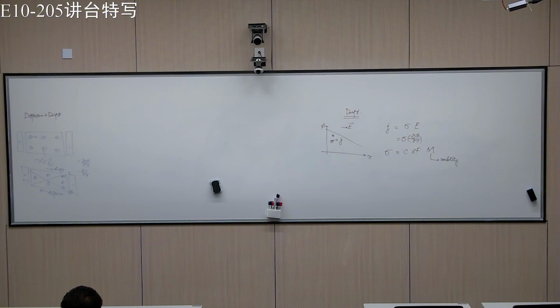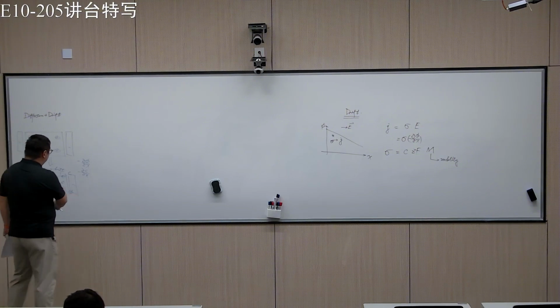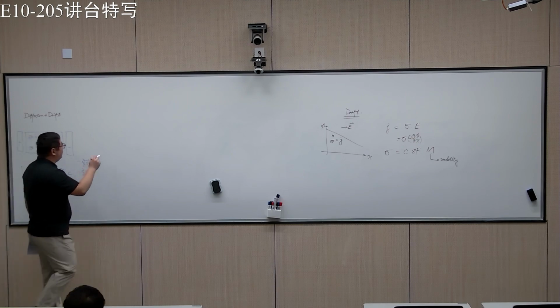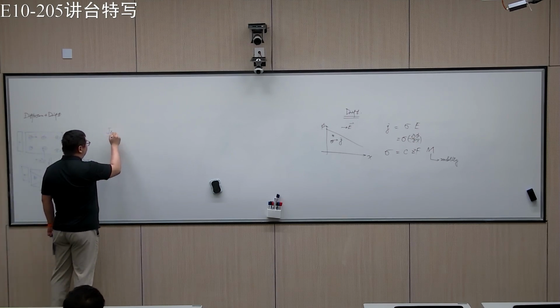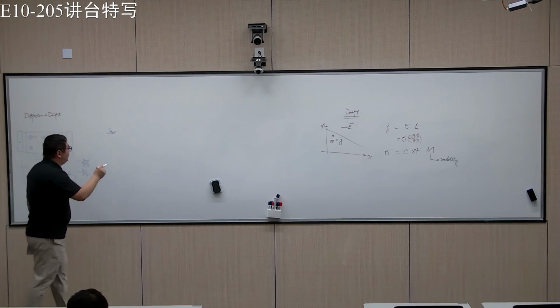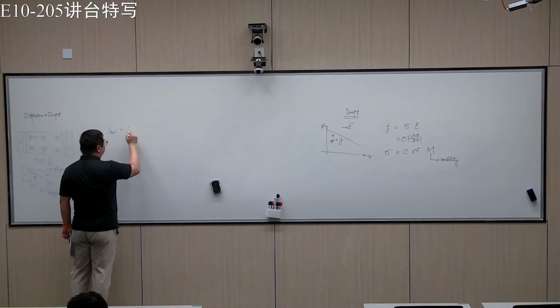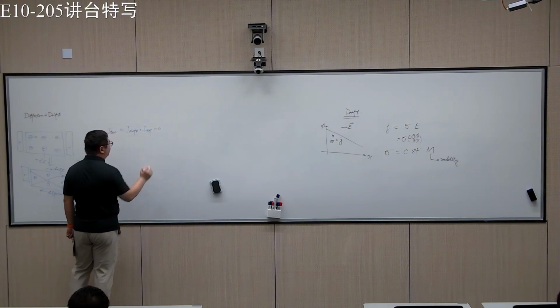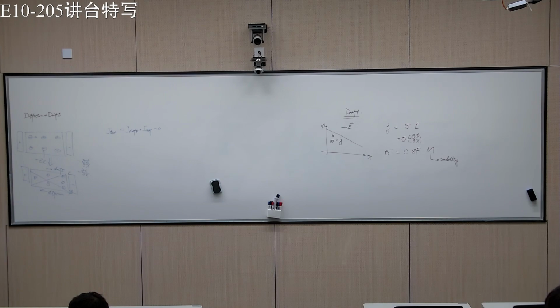When we have the steady state, the drift and diffusion cancel out mathematically. That's basically saying that the total flux, the flux of the drift and the flux of diffusion, is zero.